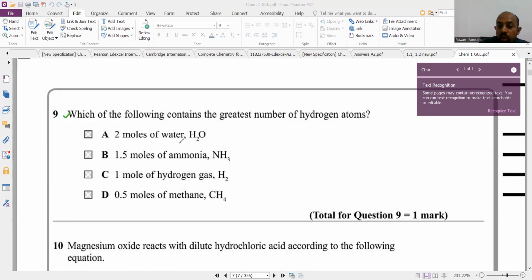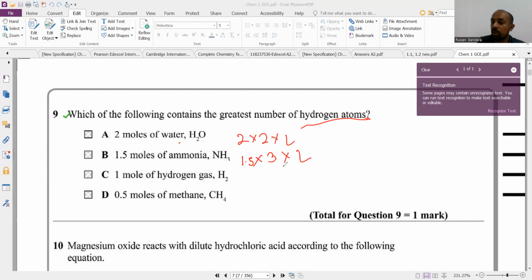2 moles of water, right? In 1 molecule you have 3 atoms. So in 2 moles, 3 into 2 into Avogadro's number. I know they're asking about hydrogen atoms. Sorry, my bad. 2 into Avogadro's number. Here 1.5 moles, in 1 molecule you have 3 atoms into Avogadro's number.